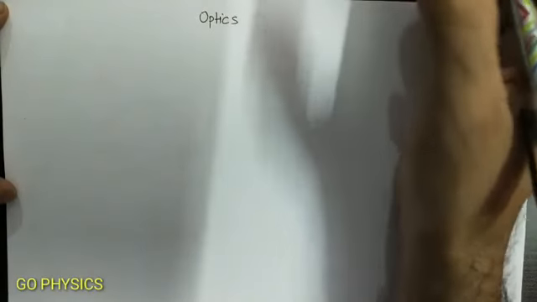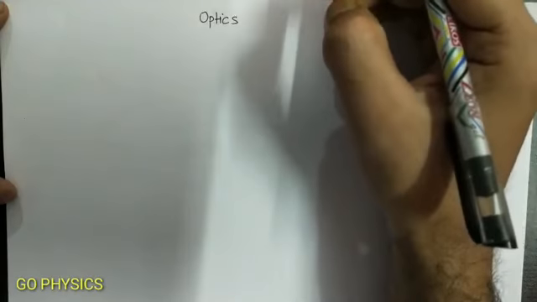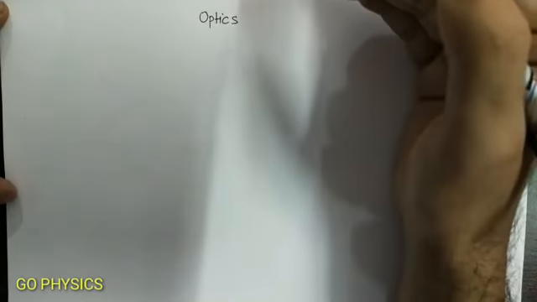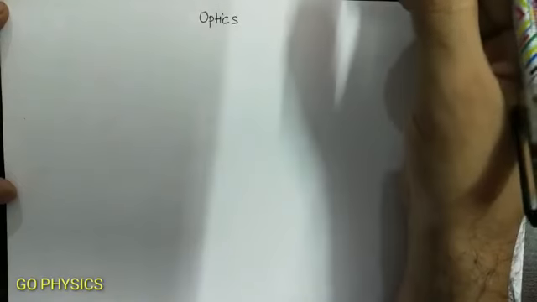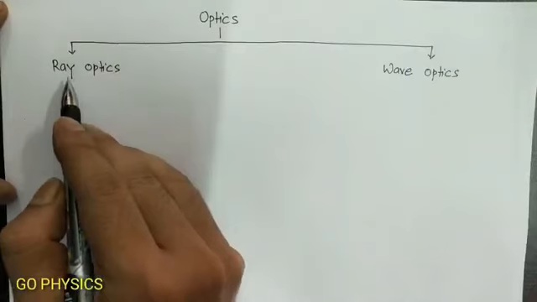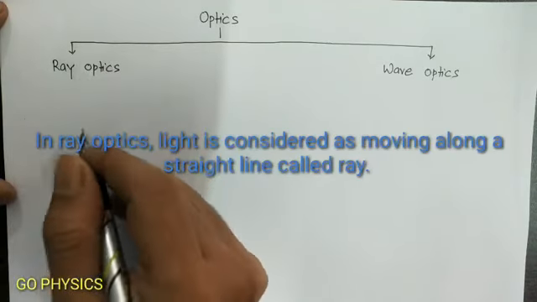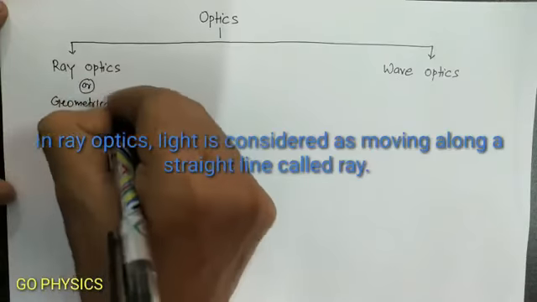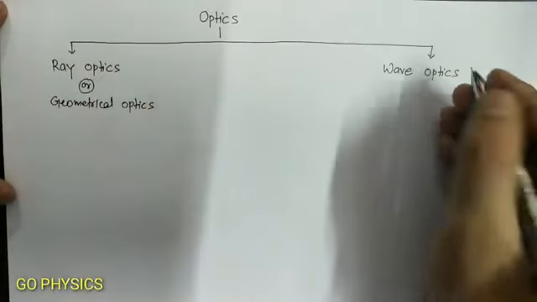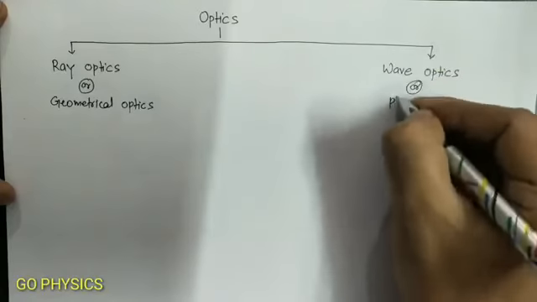As in the previous video, we learned that optics is basically the study of light. Now we are going to see the classification of optics. Optics is basically classified as ray optics and wave optics. Ray optics is also called geometrical optics, and wave optics is also called physical optics.